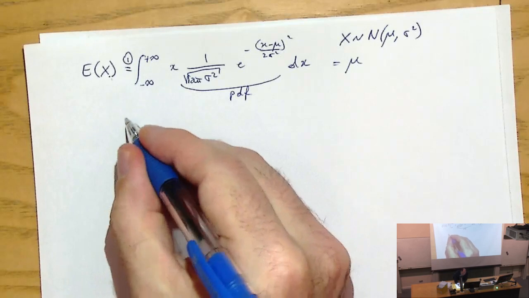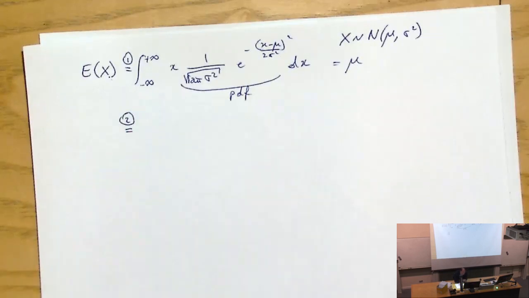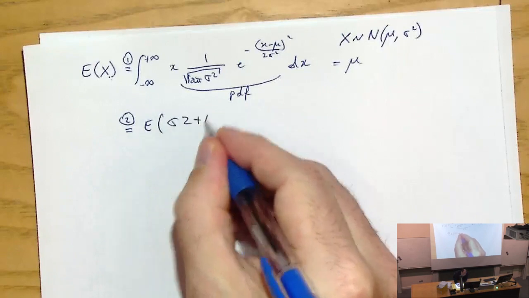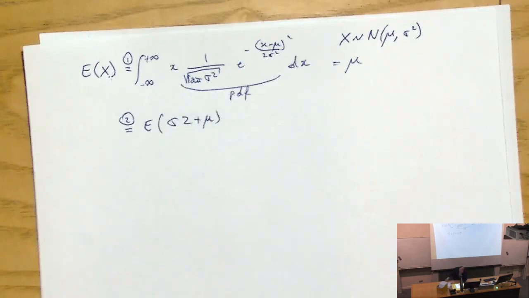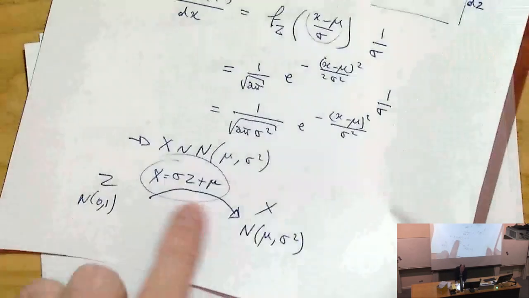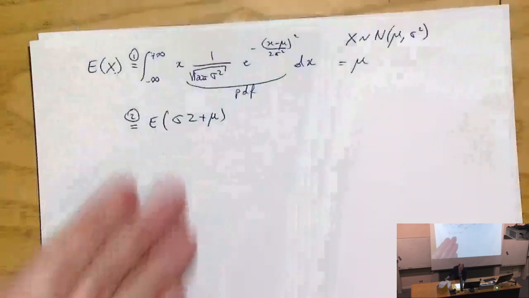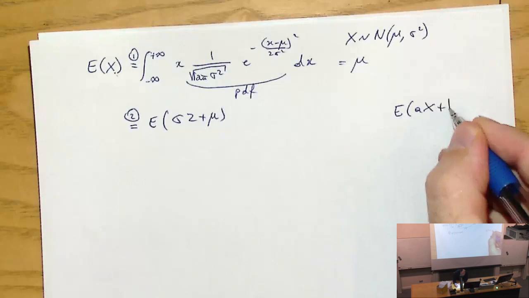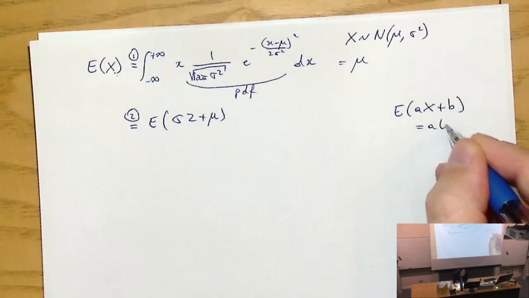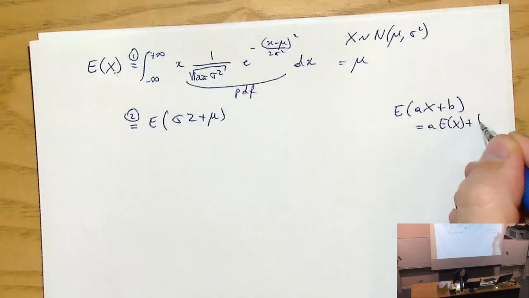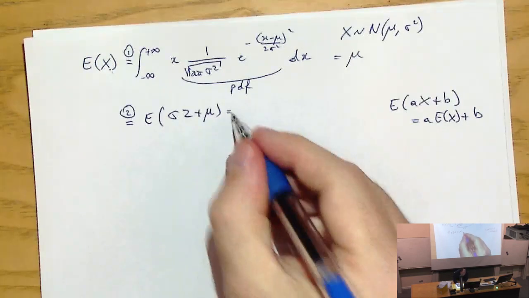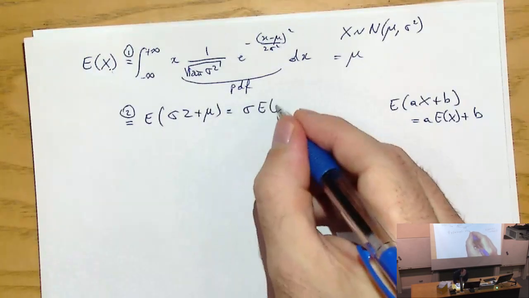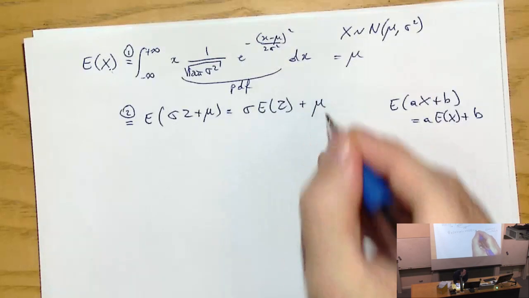Another way of calculating the expectation of x is simply by saying this is the expectation of sigma Z plus mu, right? Because we have this relationship here. So I can simply do this. And you remember what we did last week. We had this, and we said this is the same as the expectation of aX plus b. So this is the same as sigma times the expectation of Z plus mu.